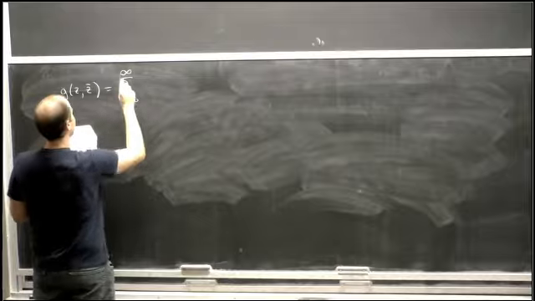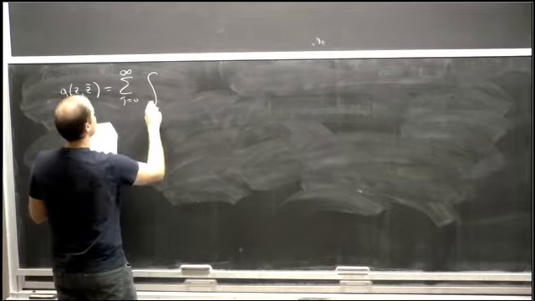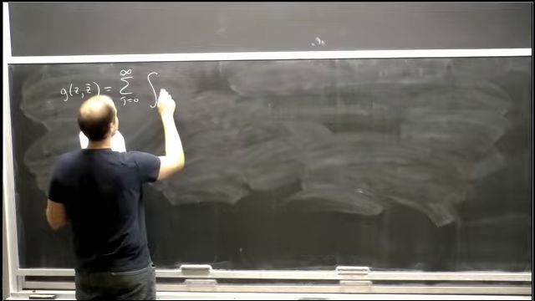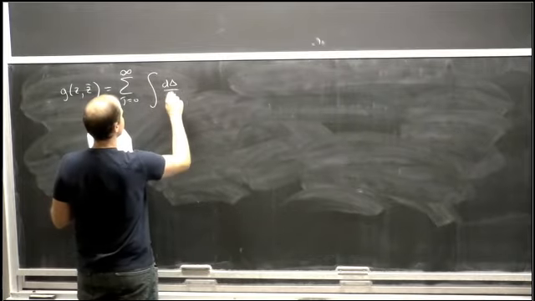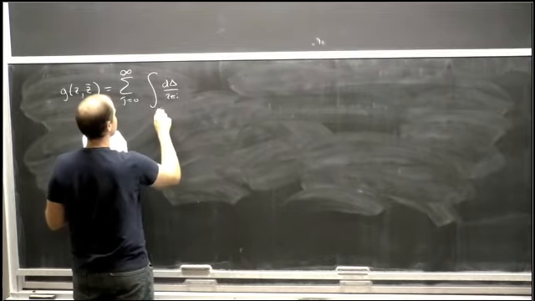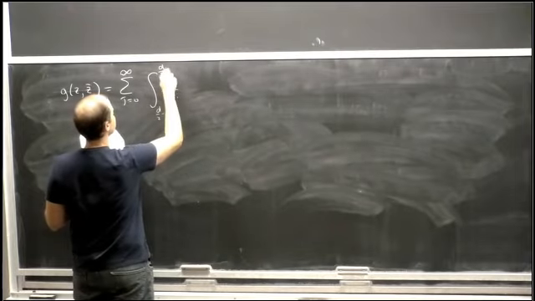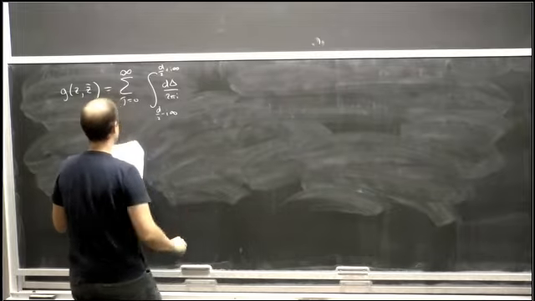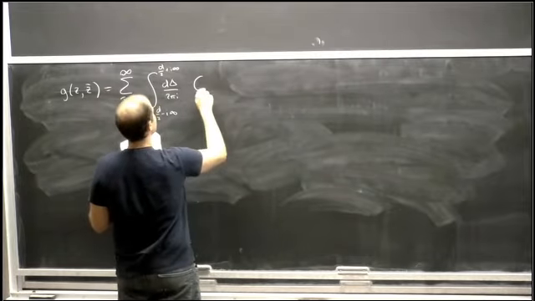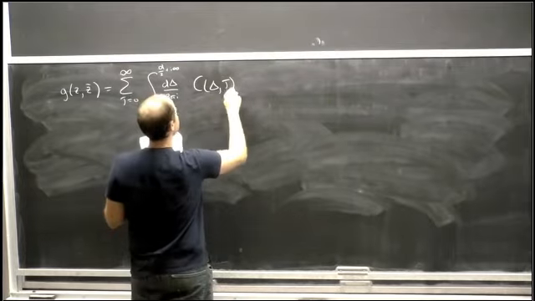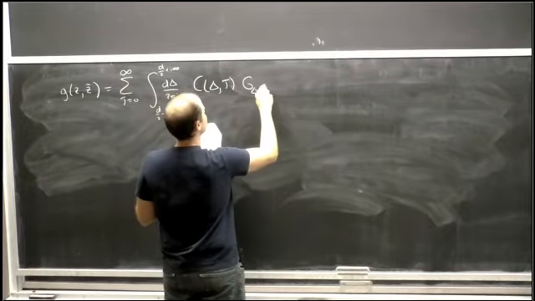So I'm going to write the conformal block decomposition in a slightly different way, as a sum over spins and an integral over dimensions. It's going to be an integral over a complex contour running along the imaginary direction with a coefficient function C of delta J and then a conformal block.